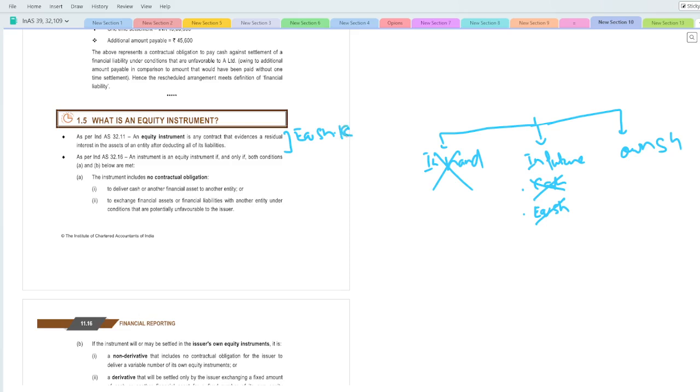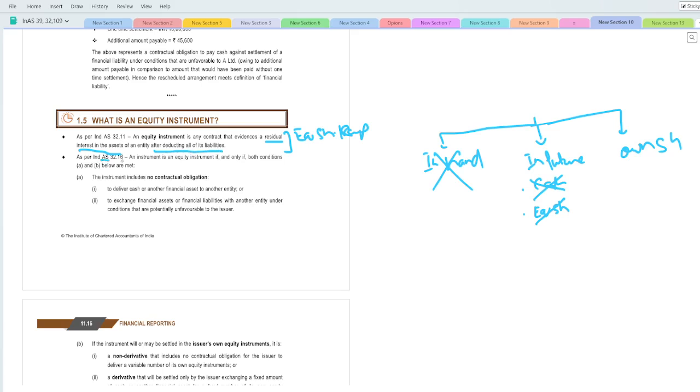If you go into liquidation and repay all the debts to the external holders, then whatever asset is remaining, the equity shareholders have the right on that.